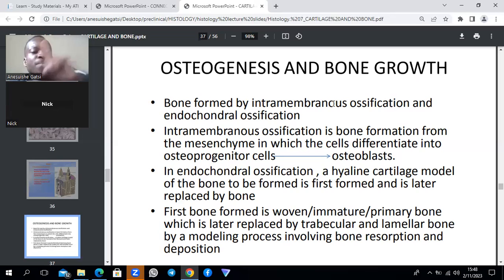Then later you replace the cartilage by forming bone around that shape. When you form bone, initially that bone will be woven bone, that's immature bone. But that woven bone would then progress to become lamellar bone. Lamellar bone is the one that I said has those concentric lamellae.